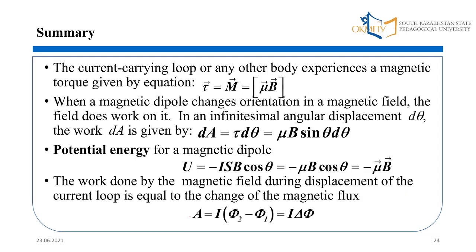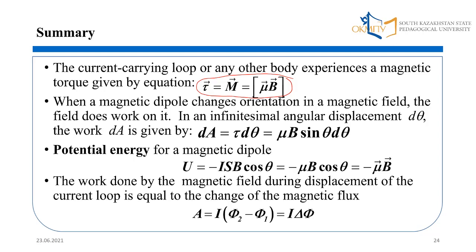A current-carrying loop or any other body experiences a magnetic torque given by this equation. That is, the magnetic torque experienced by a current-carrying loop in a magnetic field.